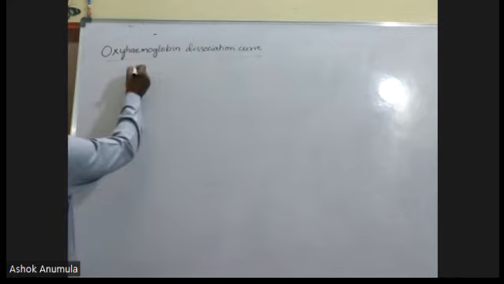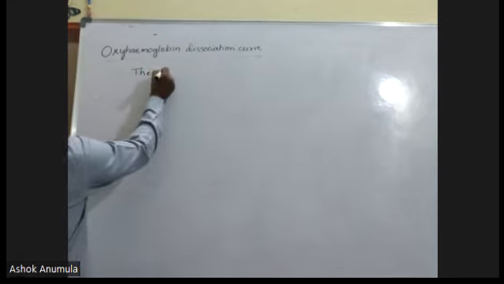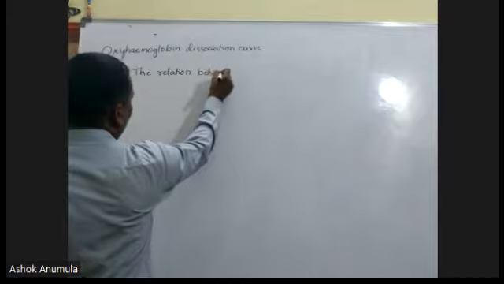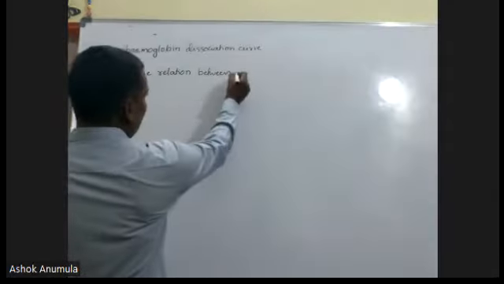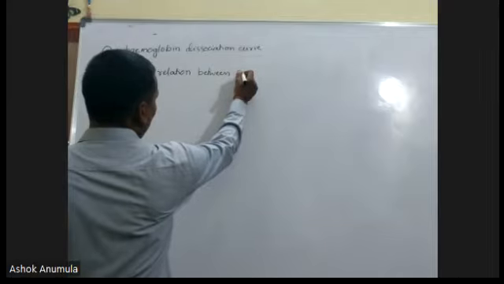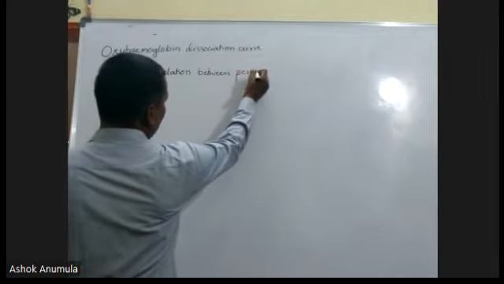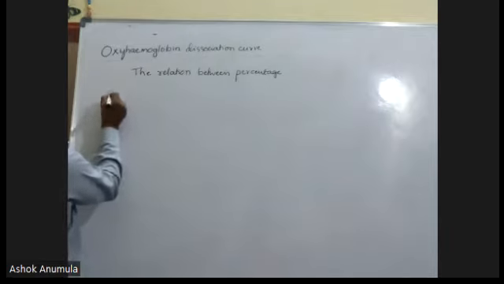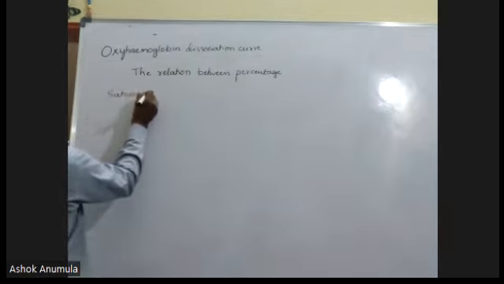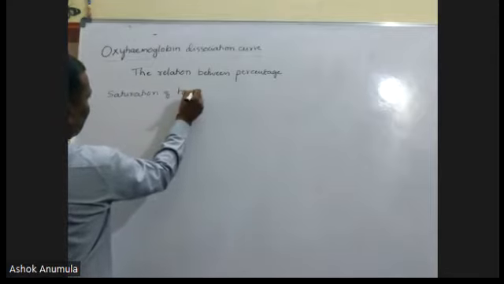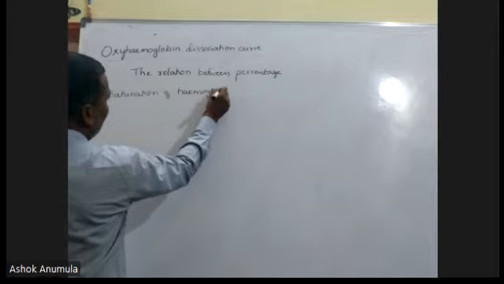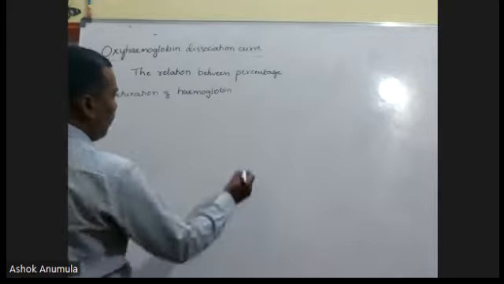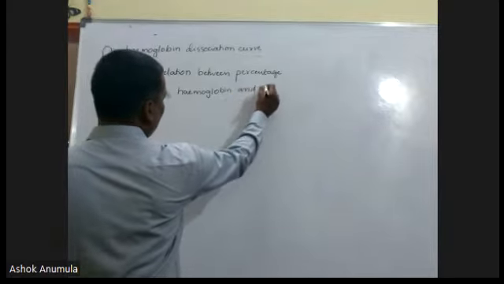Here you can take the relation between the percentage saturation of hemoglobin and the partial pressure of oxygen.